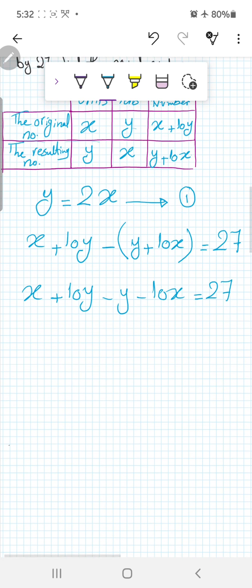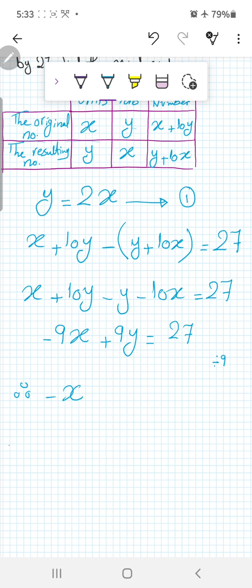Collect x's together. x minus 10x means negative 9x. 10y minus y will be positive 9y equals 27. What did you notice? 9 and 9 and 27, so divided by 9. So we have negative x plus y equals 3. And this is equation number 2.